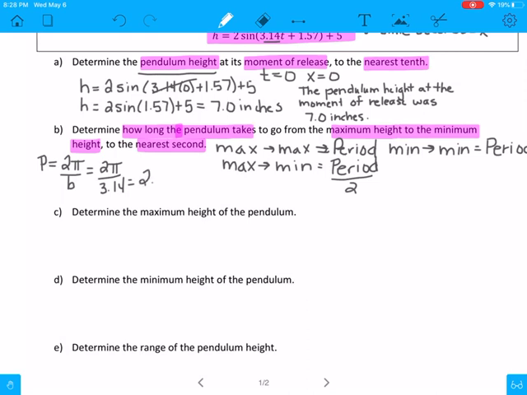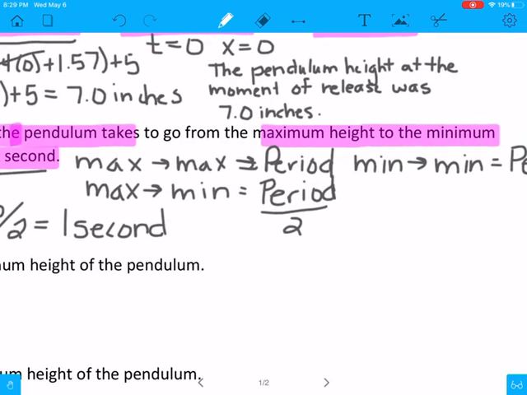So here I get 2.00, and then I have to take that and divide it by 2, and I get 1 because it wants to the nearest second. So 1 second. It says, how long does the pendulum take to go from a maximum height to a minimum height? So we have to write a sentence.